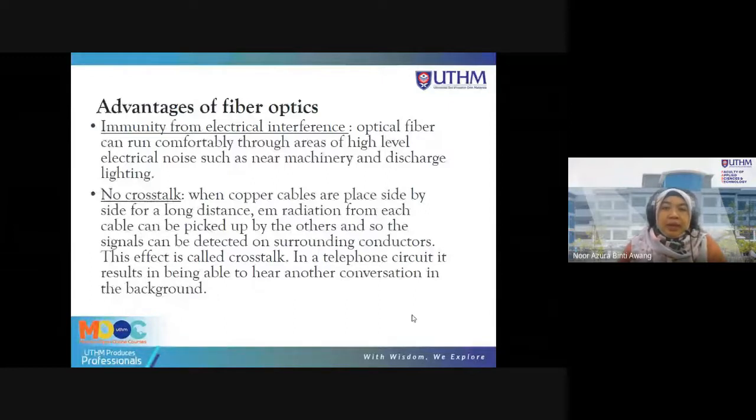When copper cables are placed side by side for a long distance, EM radiation from each cable can be picked up by the others, and so the signal can be detected on the surrounding conductor. This effect is called crosstalk. In a telephone circuit, it results in being able to hear another conversation in the background.